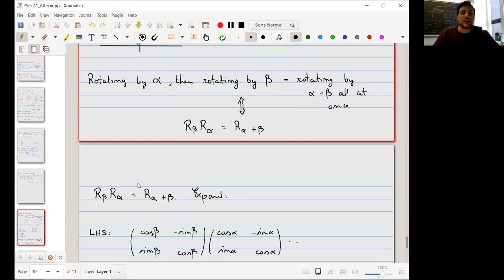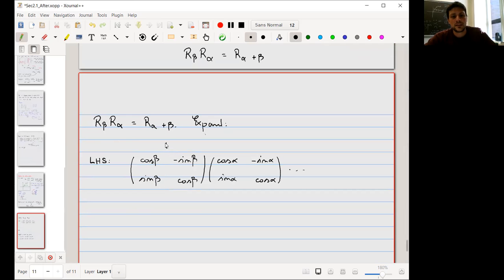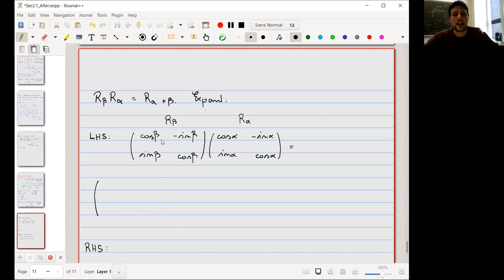Let's try to see what this equality gives us. The left-hand side is the following two matrices. It's rotation by beta, here it is, and rotation by alpha. Let's use the row column rule to compute the result here.